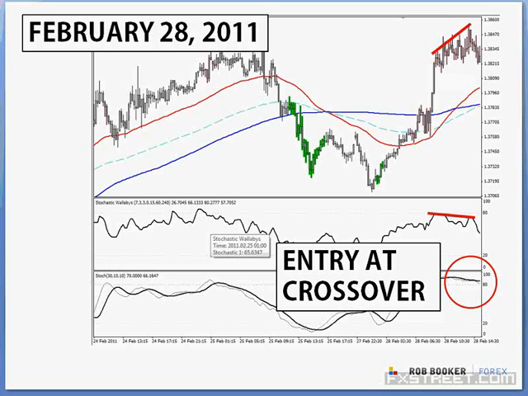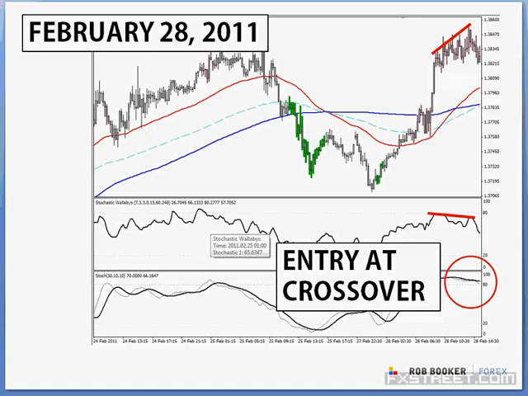It's making lower highs across the same time period. You can see at the far right that the stochastic oscillator set to 30-10-10 is crossing over, making a bearish crossover on the right-hand side of the chart. And that is the entry on a Wallaby trade.